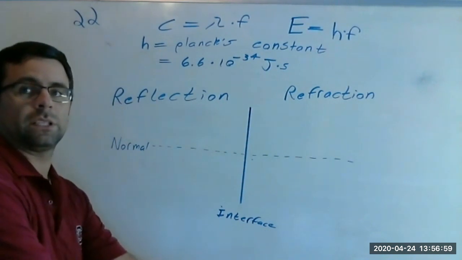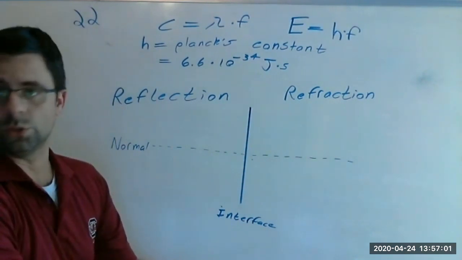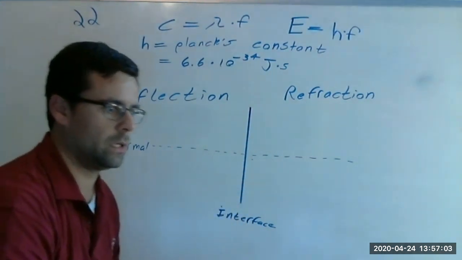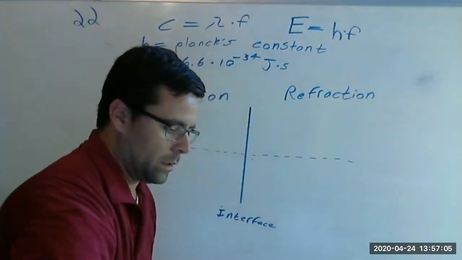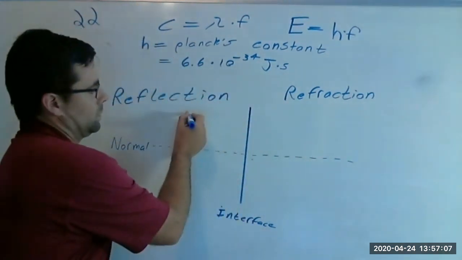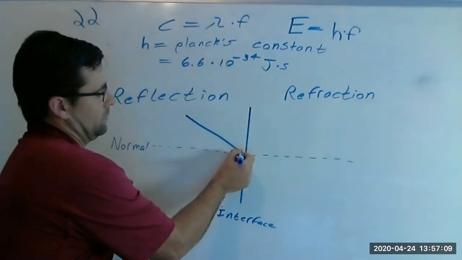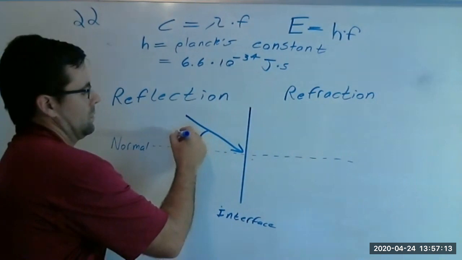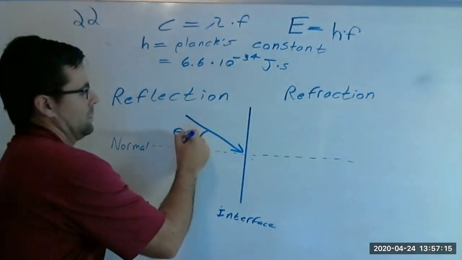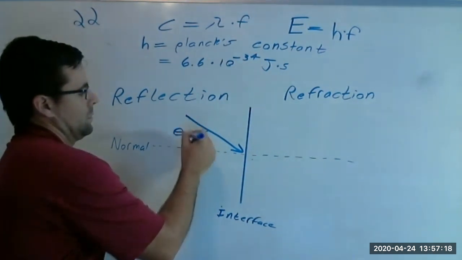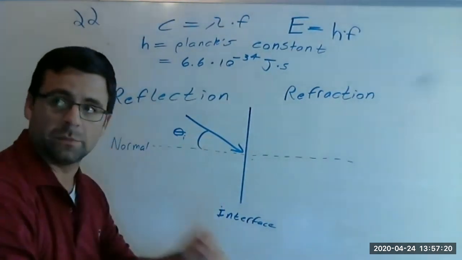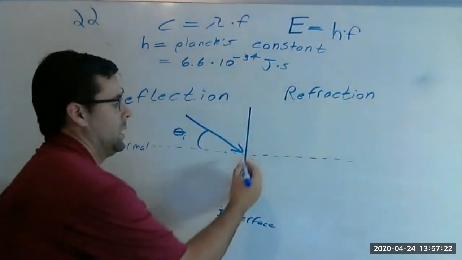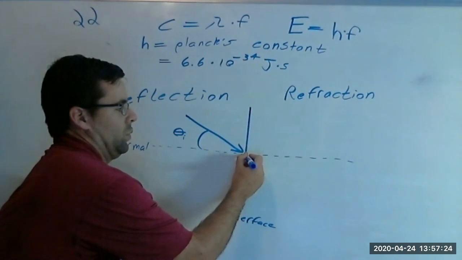And it's all about light coming in to an interface. Light comes in at some angle, and it can do one of two things.